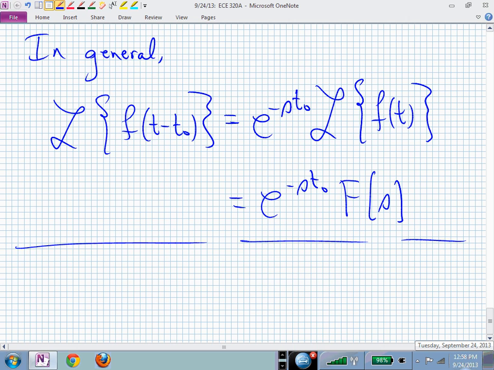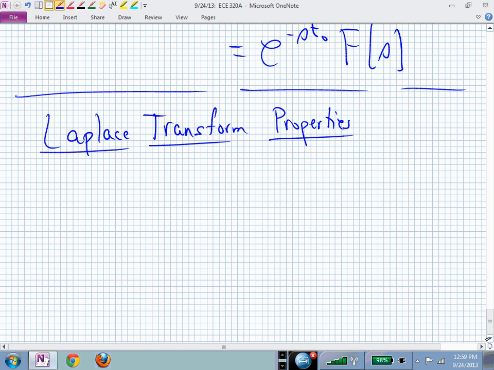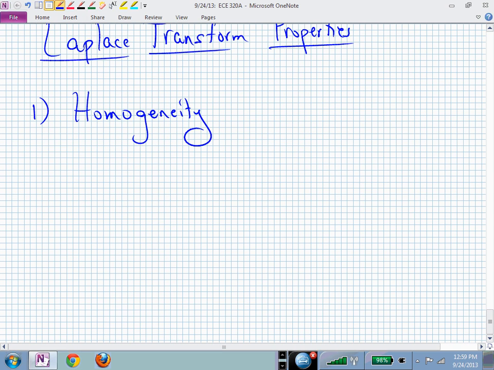What are some other properties of this Laplace transform? One is something called homogeneity, which is just a fancy way of saying that if you scale a waveform, the Laplace transform is scaled by the same amount.